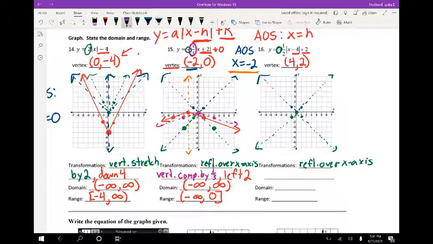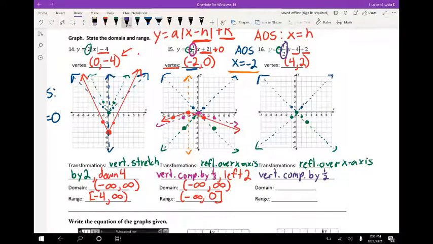From there, we should see this 1/2. So this 1/2, again, is a vertical compression or shrink because it's less than 1. So it's a vertical compression by 1/2. So again, we can think of that as a slope going down 1 and to the right 2. We can also think of it as taking this point to -2 and multiplying those y values by 1/2.